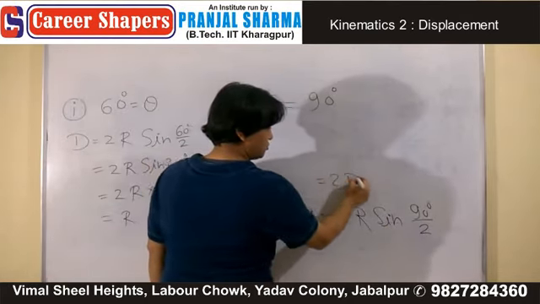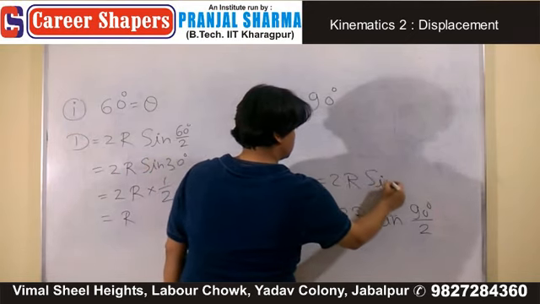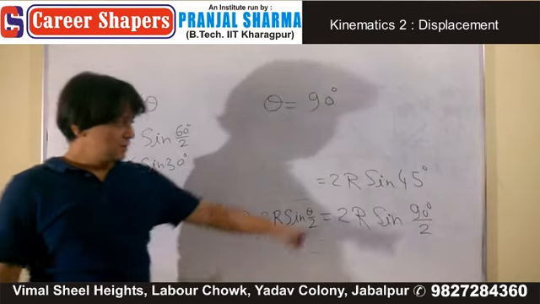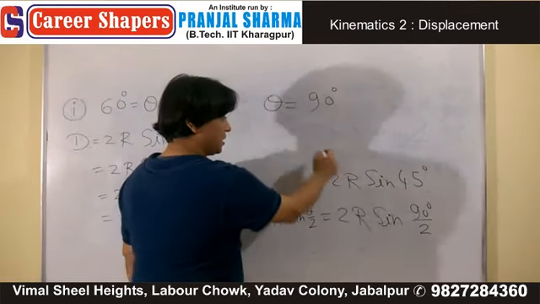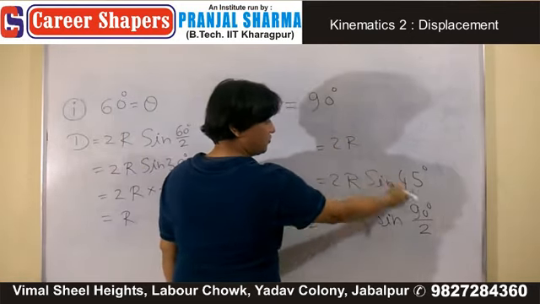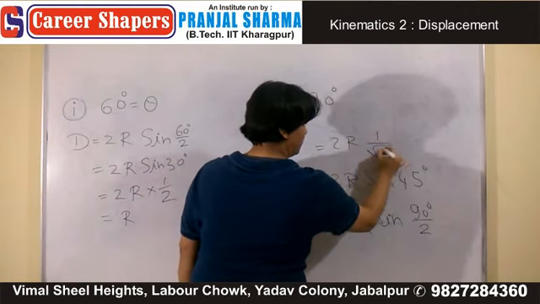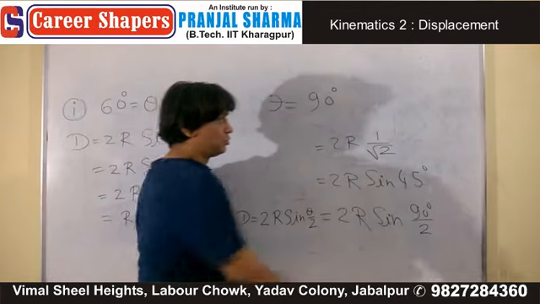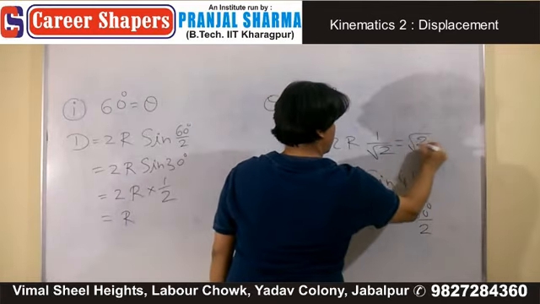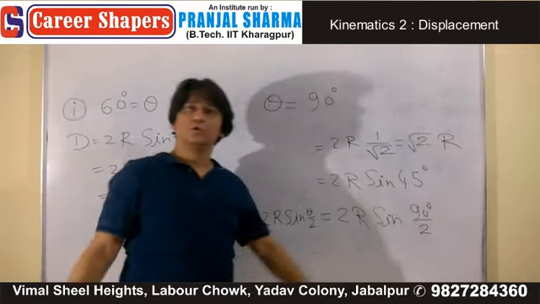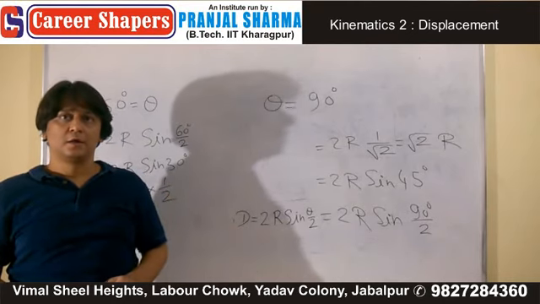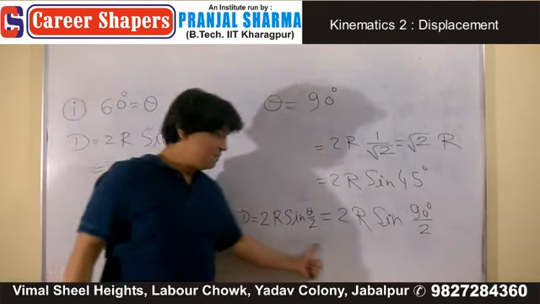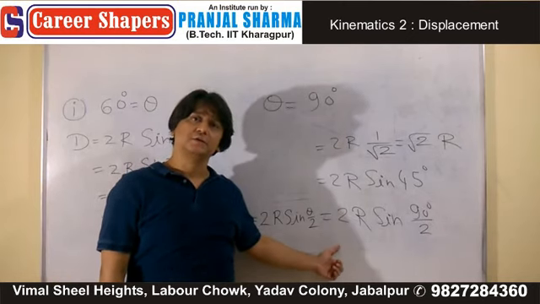What is that? 2r sine of 45 degrees. What is sine 45? 1 by root 2. This is 2, this is root 2. Your answer is coming root 2r. You're saving a lot of time if you remember these results.